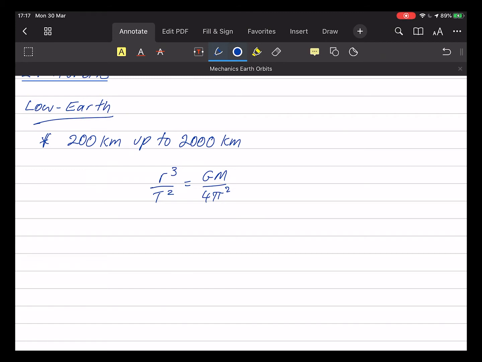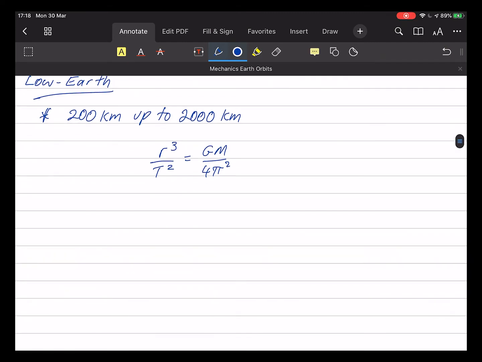And so you may be asked to find such things as, well, what's the radial speed of an object in a low Earth orbit? Now, you may already know these things are fast. They're moving incredibly quickly. So we expect to find something of the order of kilometers per second, perhaps.